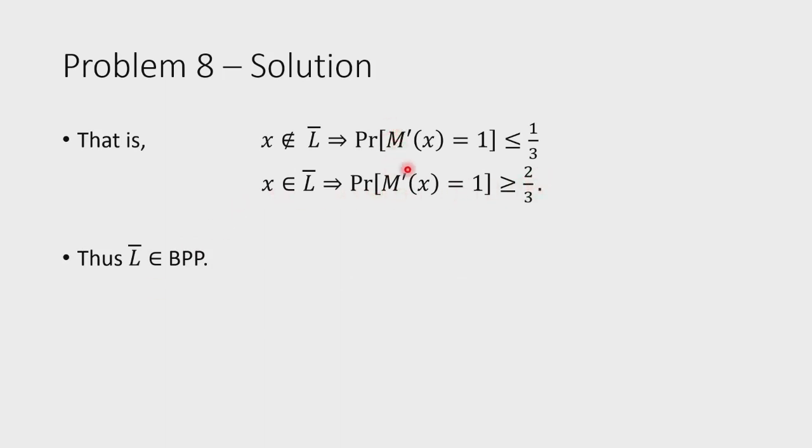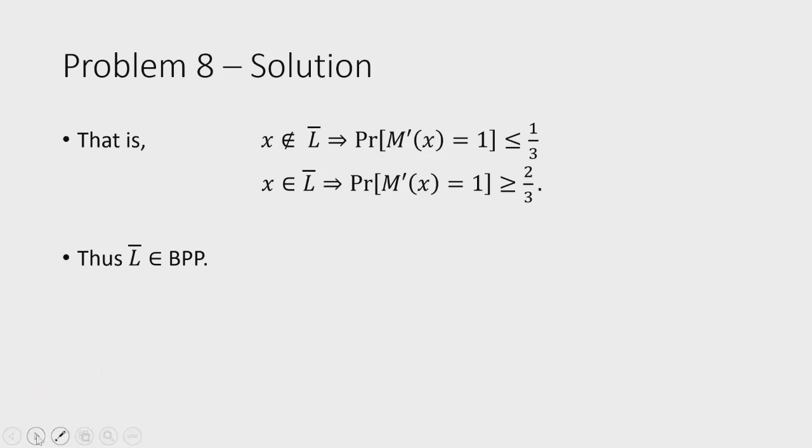Now the machine M prime is exactly the BPP machine for the language L complement, right? Yes. So L complement is in BPP. Is this fine? Yes. Okay.